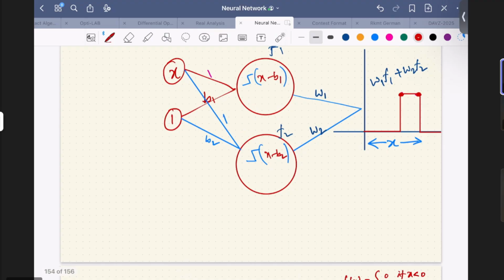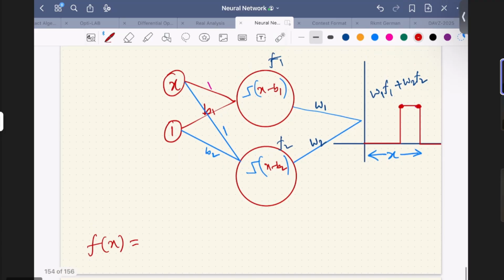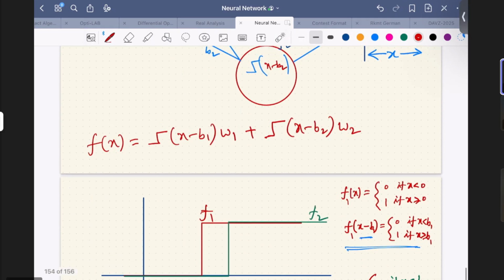Now what is the outcome? My outcome is capital F of x, or simply f of x. It is step of x minus b1 times w1 plus step of x minus b2 times w2. Now, whatever signal I want, I can produce with b1, b2, w1 and w2, such that I have a rectangle.